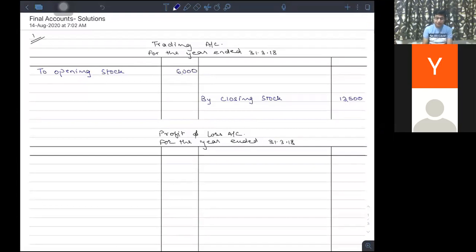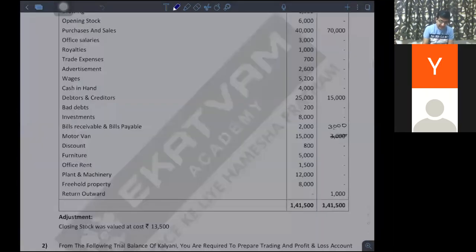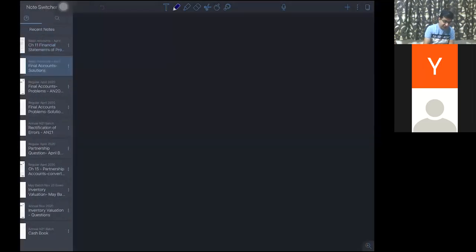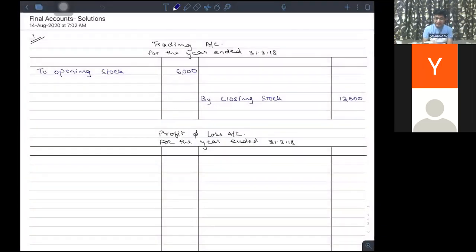All right. Then purchases and sales of 40,000 and 70,000. They have not given any values of returns. So these purchases and sales will appear directly to the outer amount column, presuming that these are the net purchases and sales. So because purchase and sale both are the direct items, therefore it will appear in the trading account.